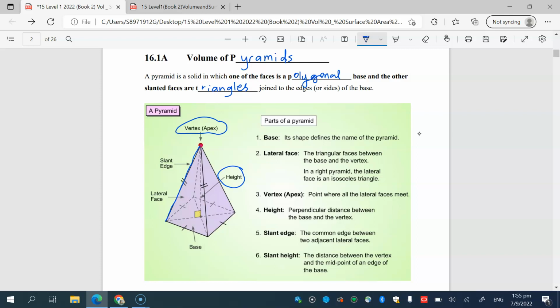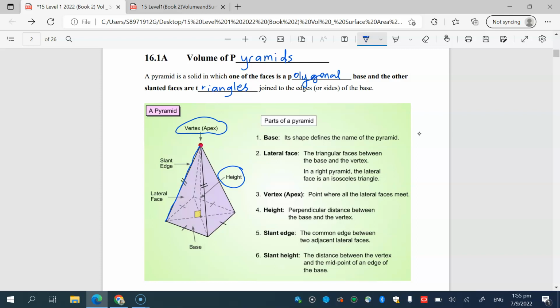Okay, and what is slant height? Slant height is different from height itself. Height is the distance, perpendicular distance between the base and the vertex, right, over here. Okay, but slant height is the distance between the vertex and the midpoint of an edge of the base. Okay, so over here is your base, right? And this, let's say, is the midpoint.